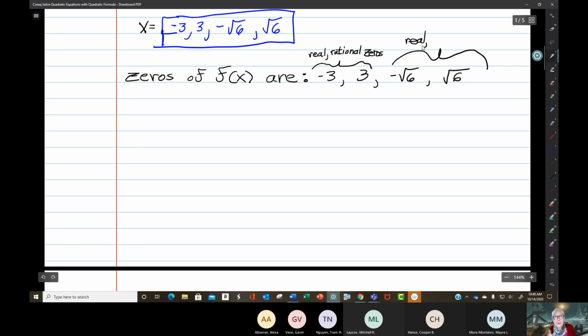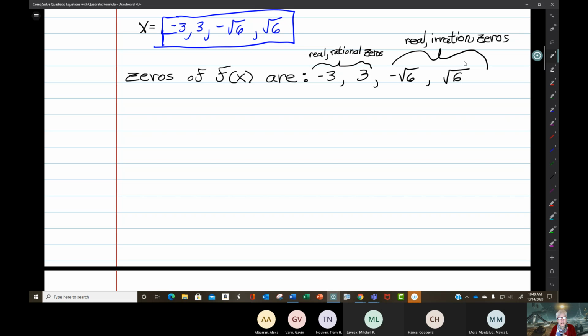But they are irrational. They have decimal expansions that go on forever, and they can never, ever be turned into a fraction, which is what irrational means in math. Real, irrational zeros. But they're all real numbers.